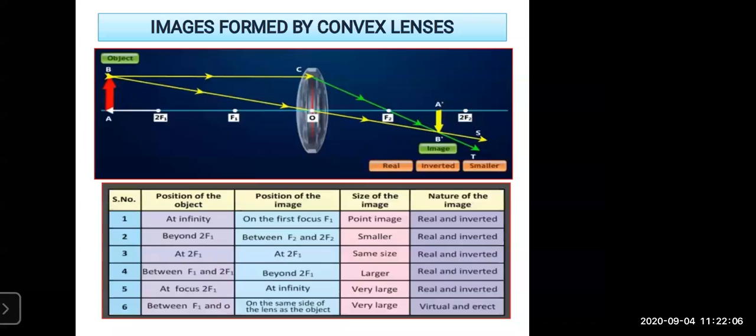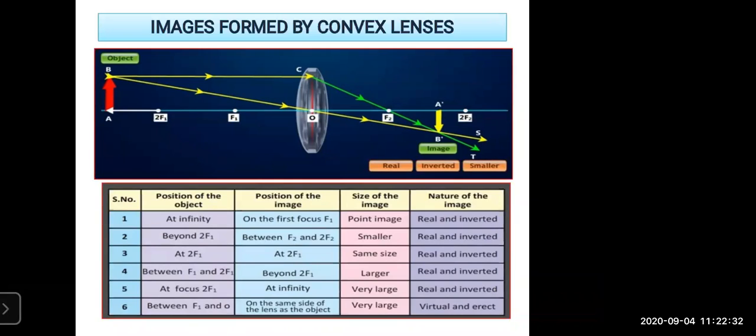It always passes through the principal focus. Okay, and what about the second ray? The first incident ray is BC, right? And it gets refracted and passes through the principal focus, forming the refracted ray CT. The second incident ray passes through the optical center. It does not change its direction.